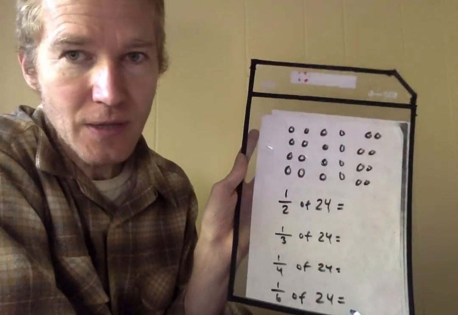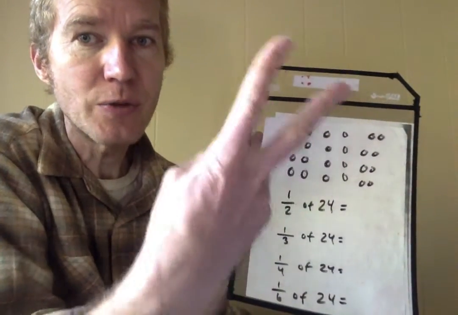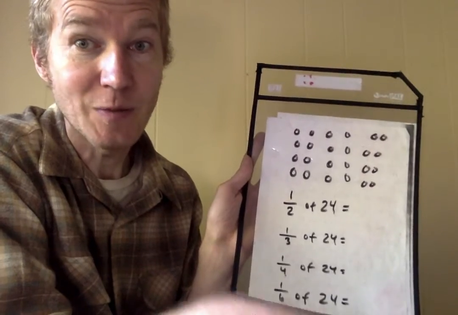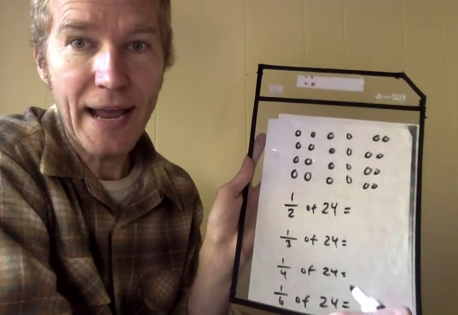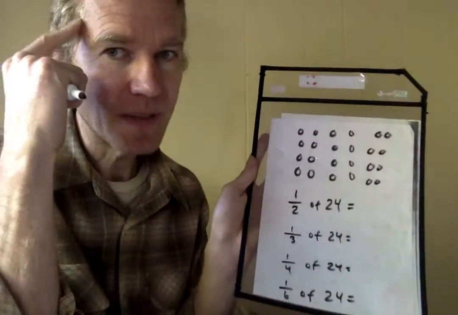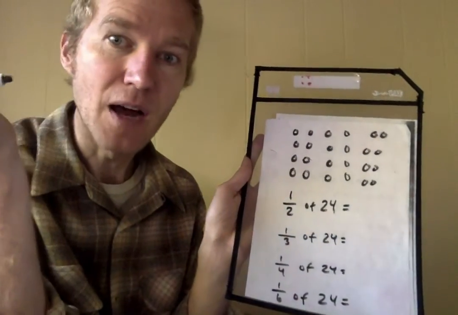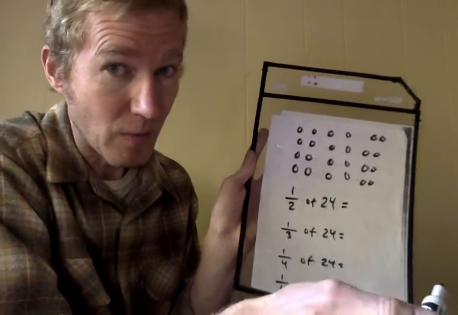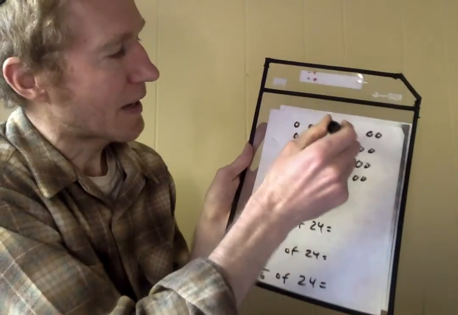Well, the 2 lets you know it's going to be cut into 2 equal groups, because fractions are always equal groups. In this case, we want 1/2 of 24. You could probably just do that in your head because we often just half numbers. So 1/2 of 24, well, on the drawing, just cut it right in half.